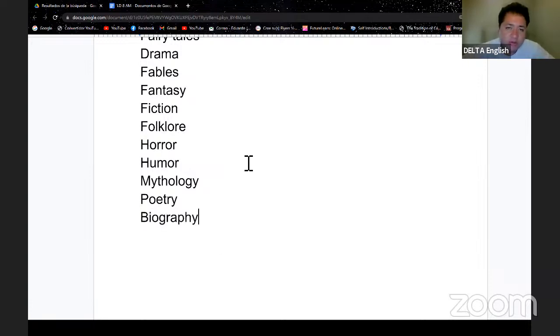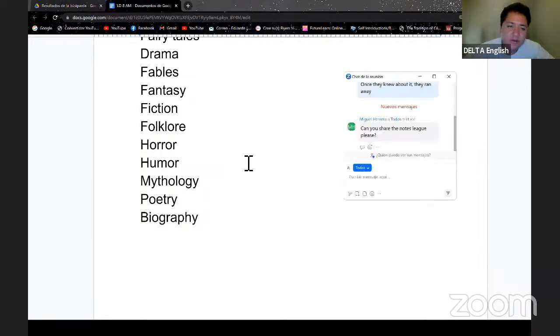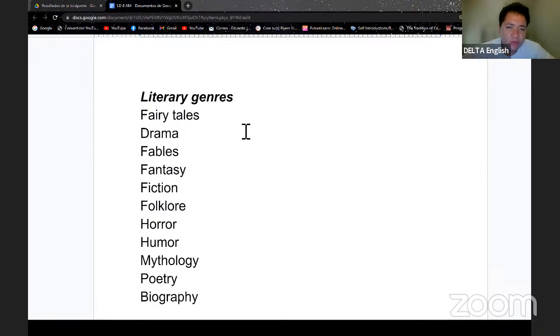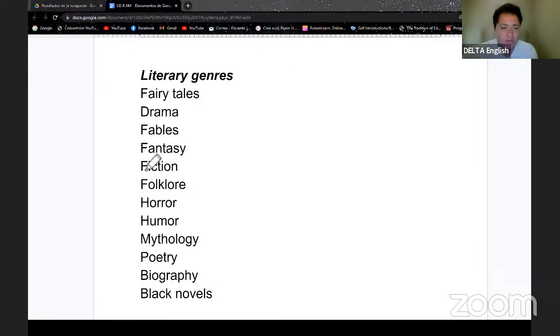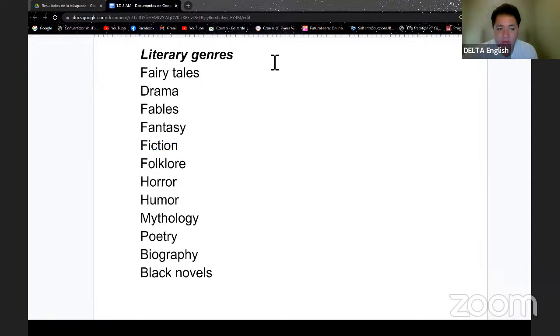So which one of these genres do you enjoy the most? We also have black novels. Okay, well let's explain, right? So we have, well, you know, fantasy, right? Fantasy and, well, fiction can be, for example, science fiction, or it can be another one.